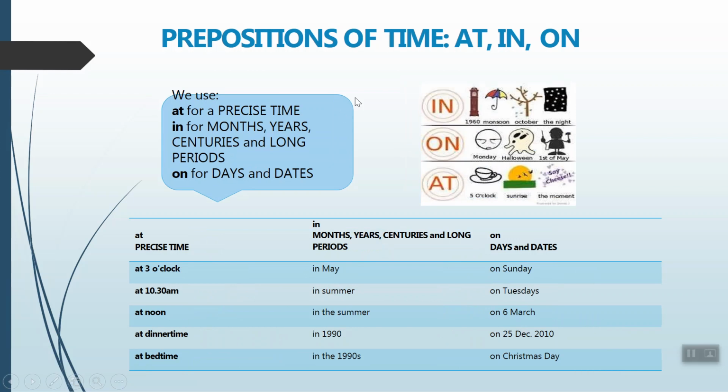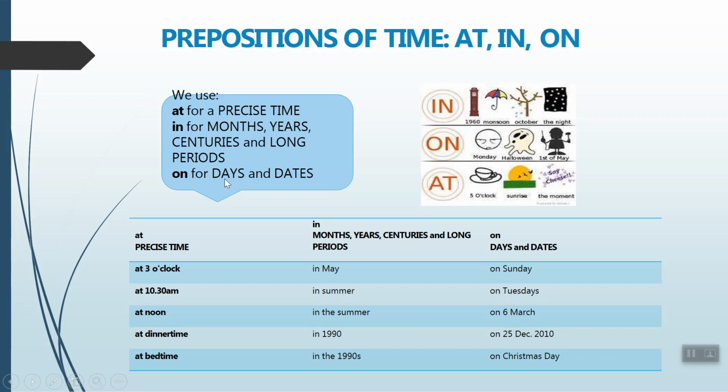Here we have prepositions of time. You see time in this photo: in, on, at. For example, in 1960, on Monday, at 5 o'clock. We use at for precise, exact time. In for months, years, centuries, and long periods.